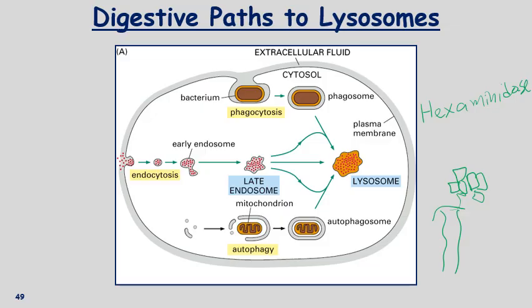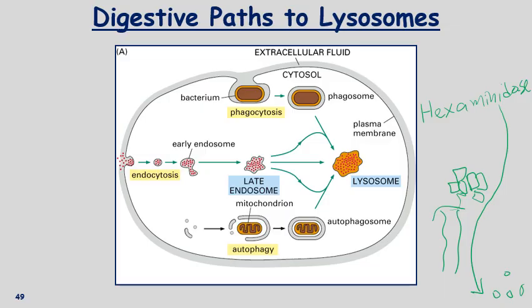I got 3 more minutes here. When hexosaminidase works properly, you break down this molecule, you get little pieces, and you recycle stuff. When hexosaminidase does not work properly, what's going to happen? This sounds like a test question. Yeah, that's Tay-Sachs disease. But what is the molecular mechanism of Tay-Sachs disease?